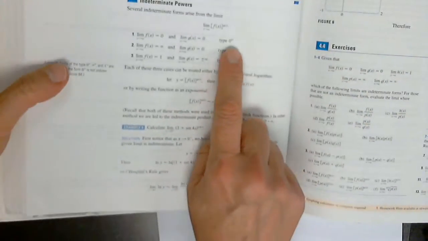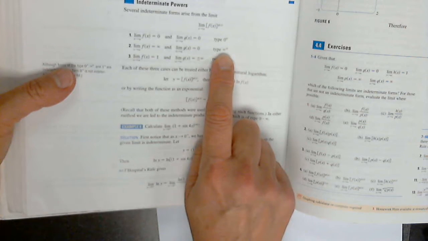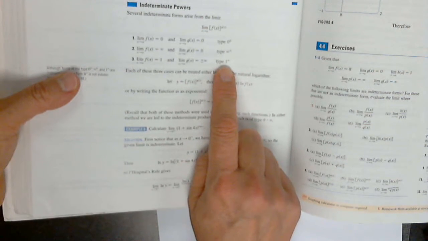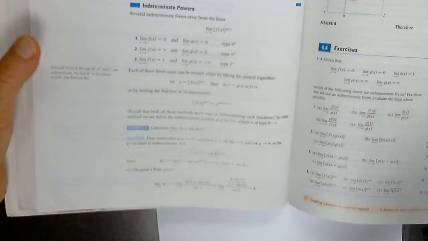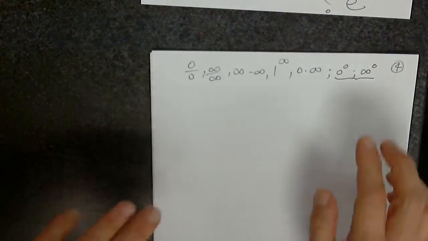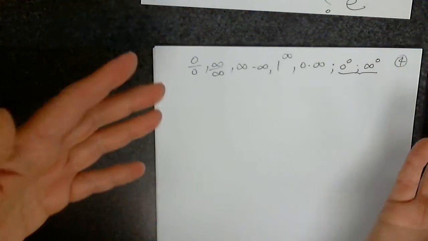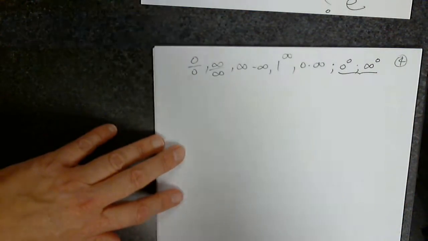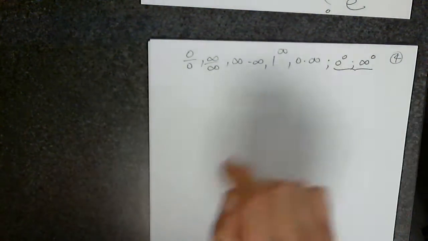So 0 to 0 is not 1, of course not. Infinity raised to 0, that's what I just listed. 1 to infinity. Yes, I think that's it. These are all. So please add these two, but I didn't want to add them right now because we didn't run into them. This is in chapter 4, so I would have added them then. But yes, these are all 6. So 0 to 0 and infinity to 0.